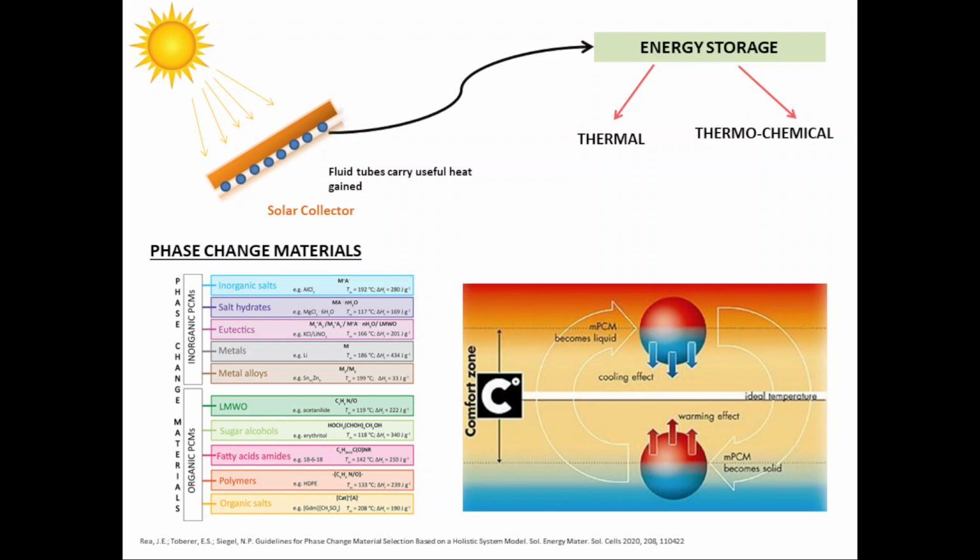So the main reason for thermal energy storage is to make sure that there is a stable energy generation, so that there are no peaks of energy demand rising within the community.